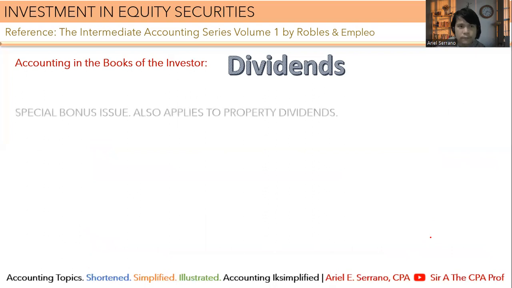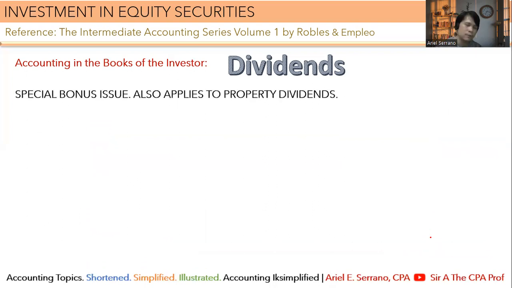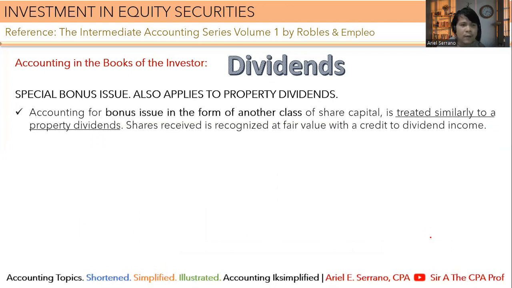Next, special bonus issue. The treatment of a special bonus issue is the same as with property dividends. In the book there is an example for property dividends, but I did not include it here because the treatment is the same. Now, what is a special bonus issue? In a special bonus issue, we have a share dividend but coming from another form.